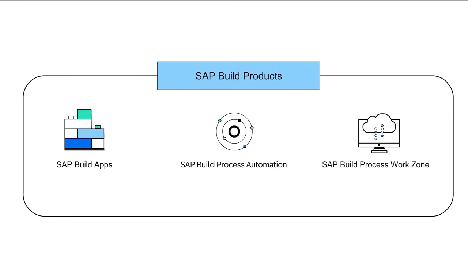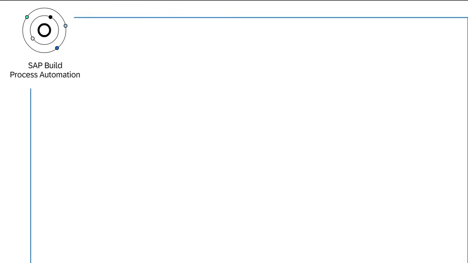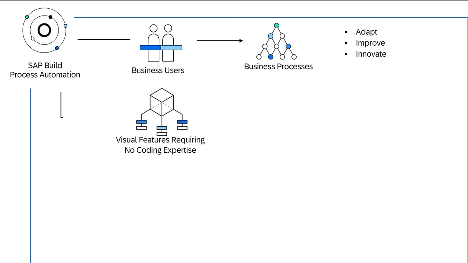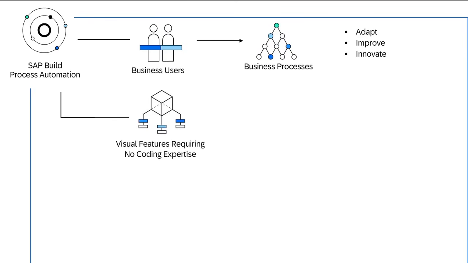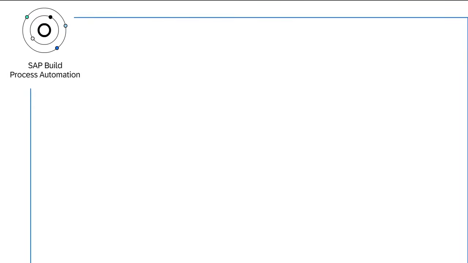So now we will see SAP Build Process Automation. This automation helps business users adapt and improve innovative business processes by using visual features with no coding expertise. Even non-technical workers can complete standard development tasks faster, so the business can become more aligned.